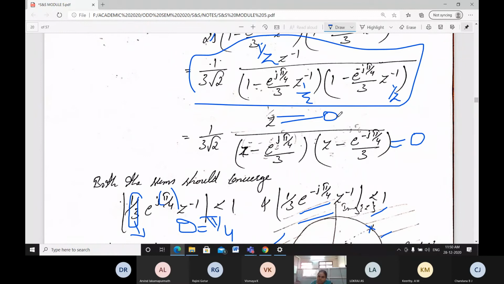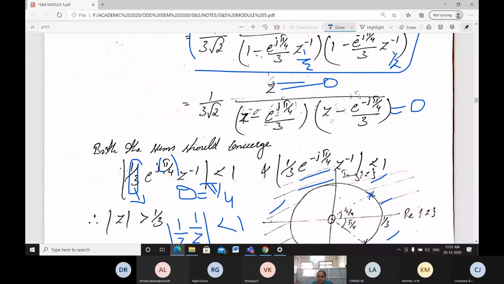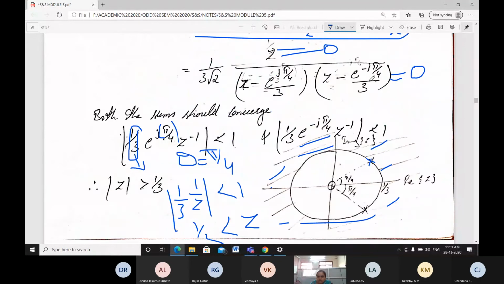Z is equal to 0 means at the origin you will be getting a zero, represented as a small circle. Then when I equate the denominator part to 0, you will get z is equal to e power j pi by 4 divided by 3, and again here e power minus j pi by 4 by 3.